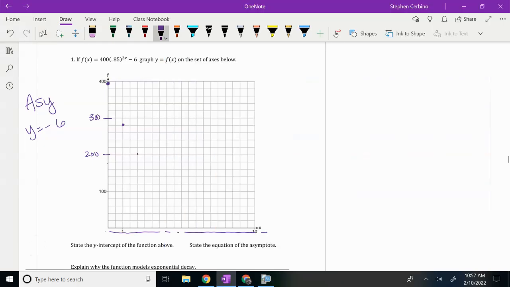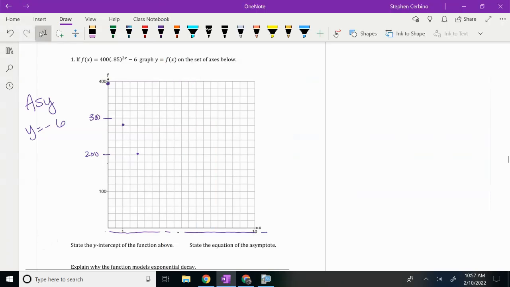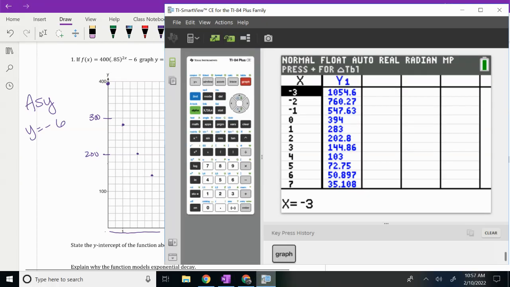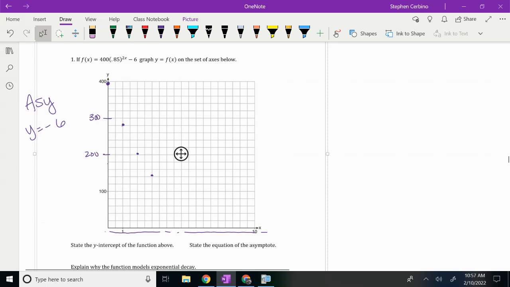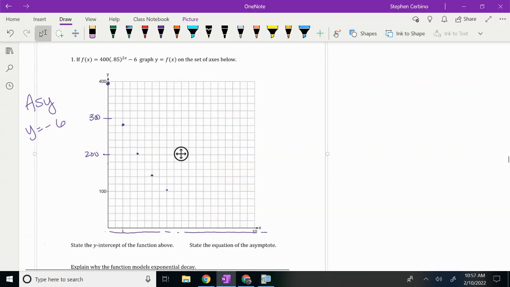202, so a little bit above 2. 144, somewhere right about here. Again, just an estimation, nothing crazy here. 100. You should see it follows a pattern here. That's exponential. 72.